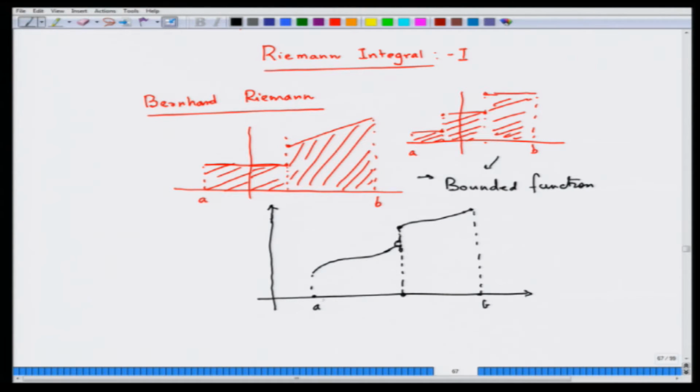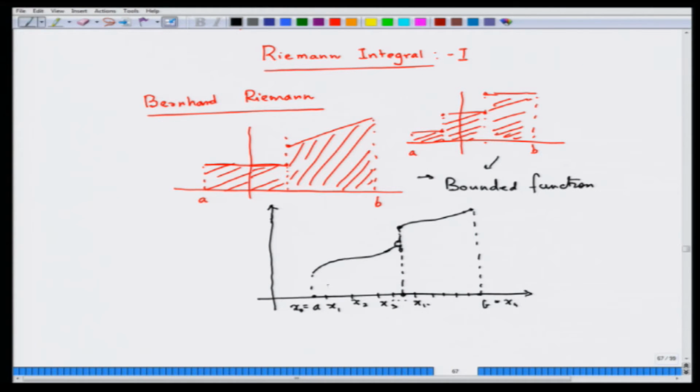What we do is, let us divide this whole line AB into some partitions of equal length, or maybe not equal length, but it does not matter. So, A I put as x0, this is x1, x2, x3 and so on up to xi, and so this is xn.